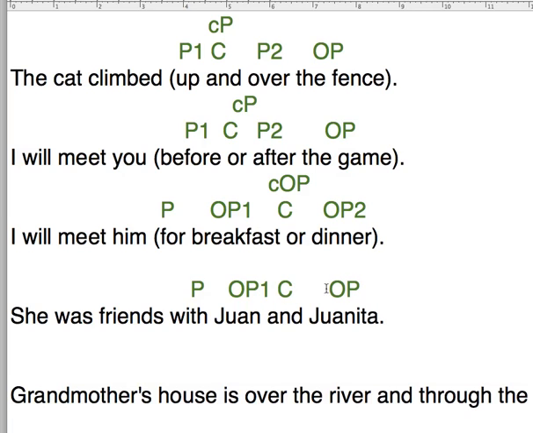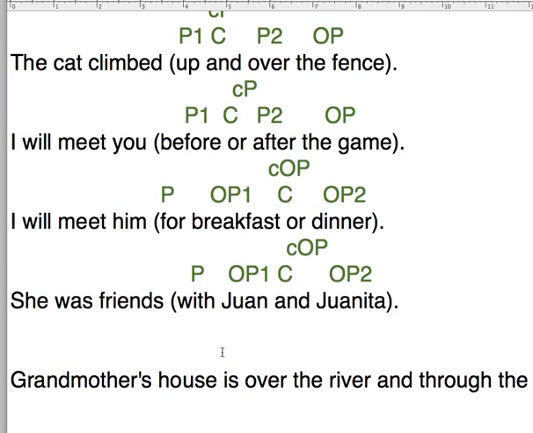And is still a connector. Juanita is the OP2. Okay? And that means this whole thing together is a compound OP, COP. And that compound OP is part of a single prepositional phrase.